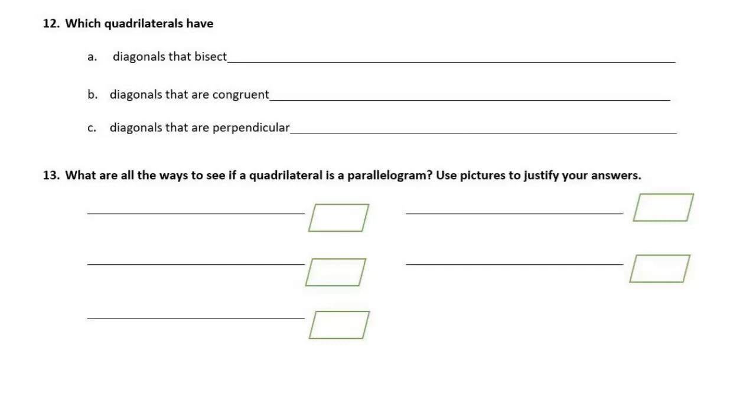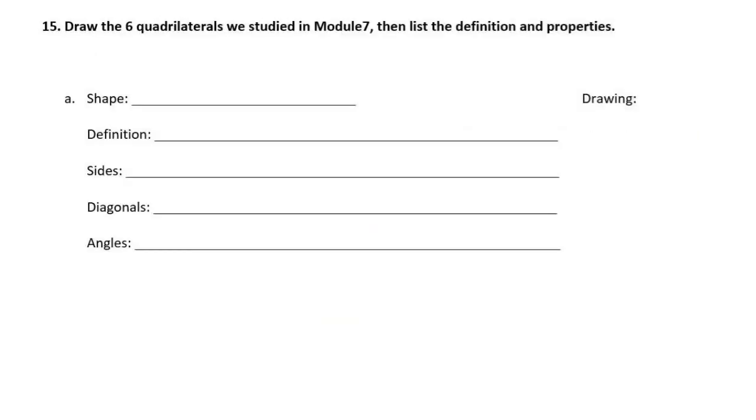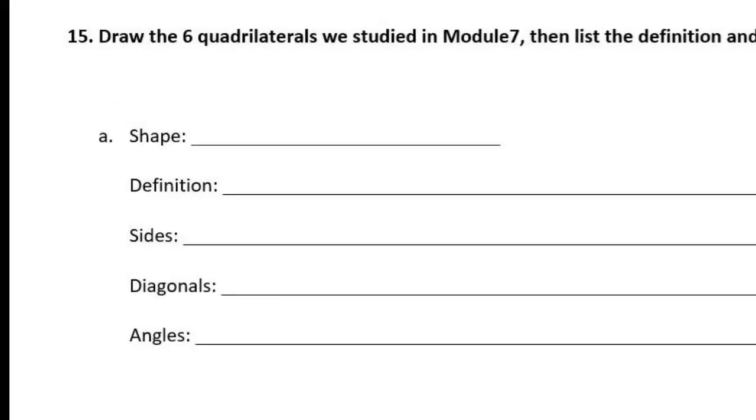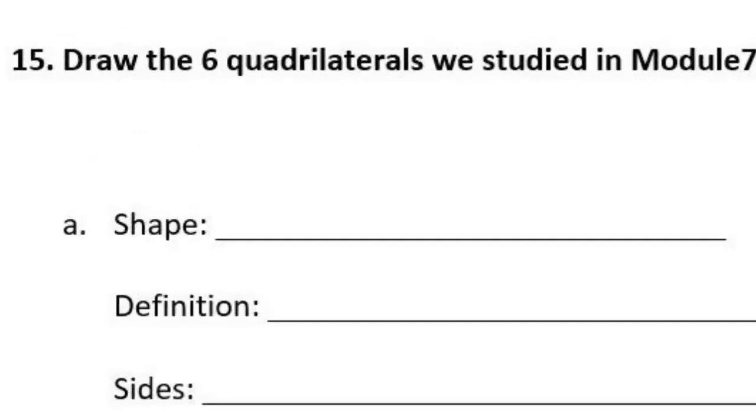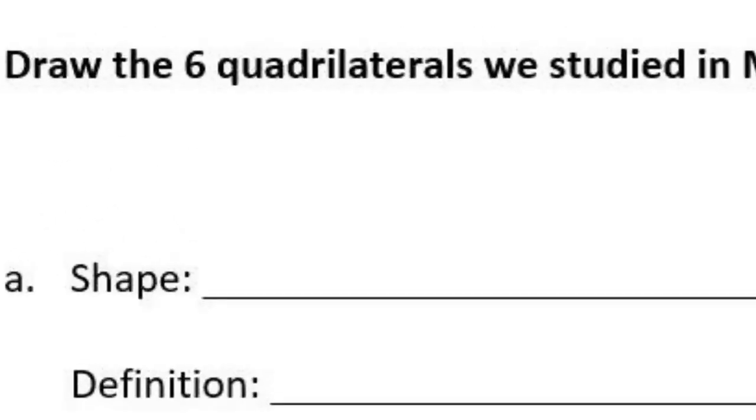So number 15, we're going to write down the name of the shape, definition, what we know about the sides, diagonals, and angles. Those are our properties, and then we're going to include a drawing. The first type of quadrilateral that we studied in detail was a parallelogram.